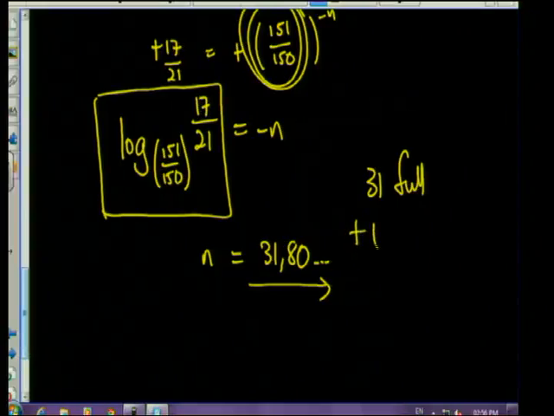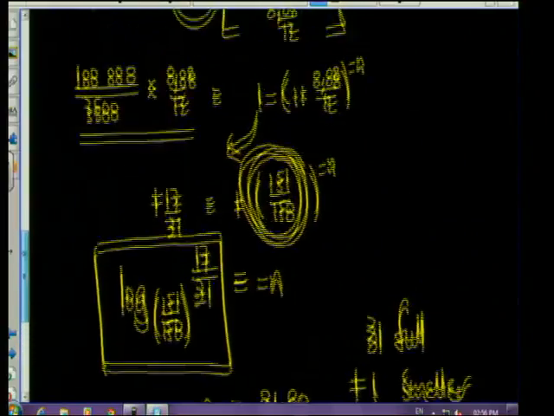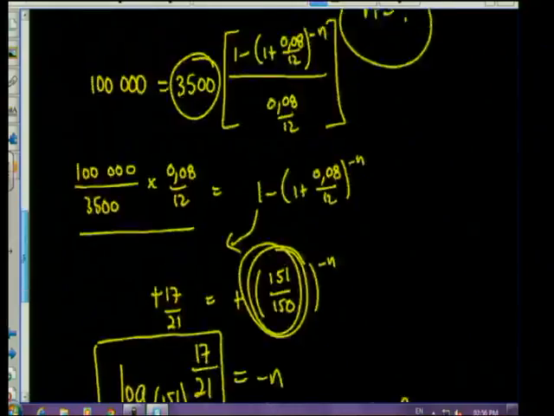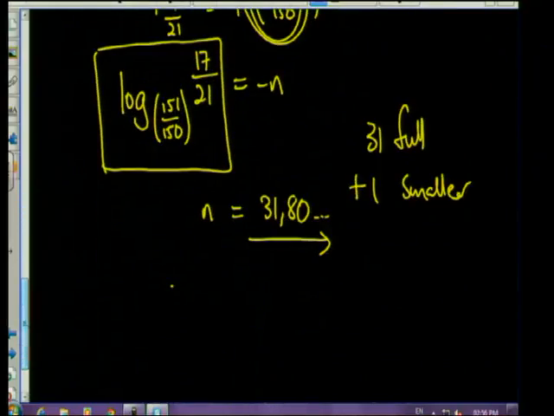If they say how many withdrawals, well, I know there are 32, but the final one is slightly less. So there are 31 full plus one slightly smaller, which is the final withdrawal. So I'm going to go back to the question and ensure that I've answered it carefully. And the question says, how many full withdrawals? So then it's easy for me to say, therefore, 31 full withdrawals.